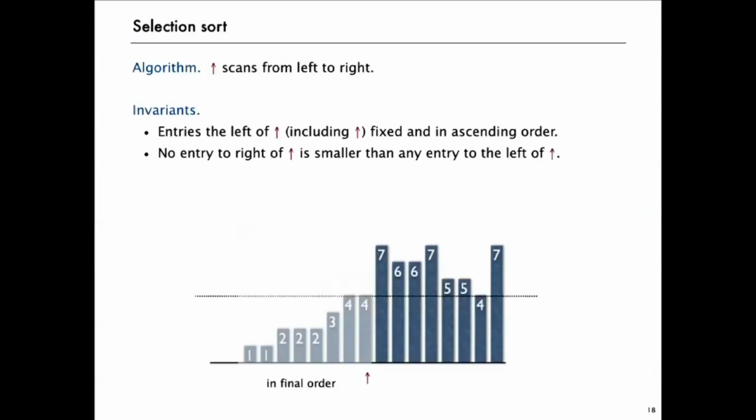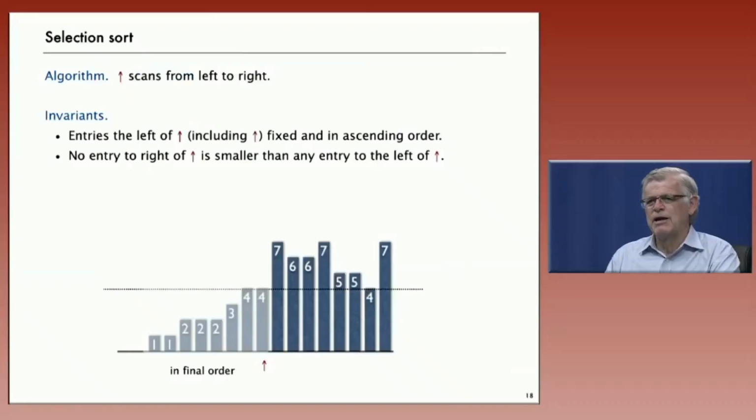All right, so one way to understand the way that an algorithm works is to think about invariance. So for selection sort, we have a pointer, that was our variable I, that scans from left to right. That's indicated by a little red arrow in this representation. The invariants are that the entries on and to the left of the arrow never change, and they're in ascending order.